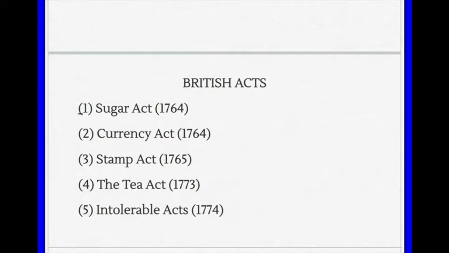The Intolerable Acts also included reduced town meetings, and the British appointed members to the local town councils in the British colonies instead of by election, which had previously happened. Britain also lodged the British soldiers in private homes.